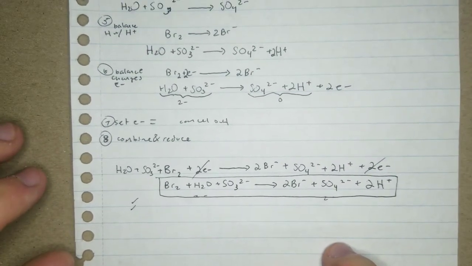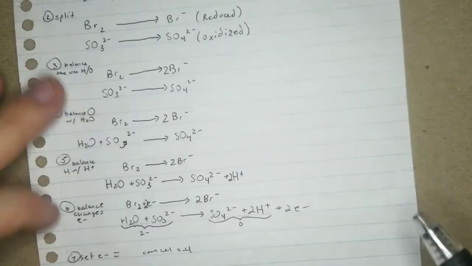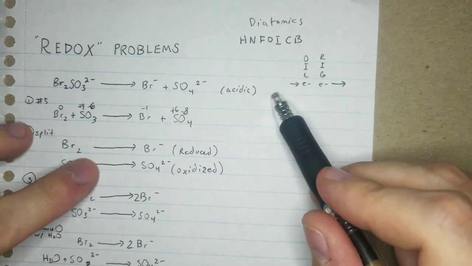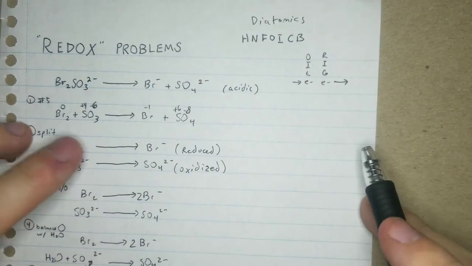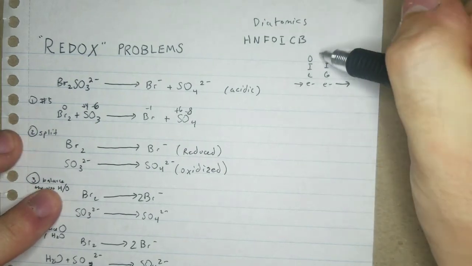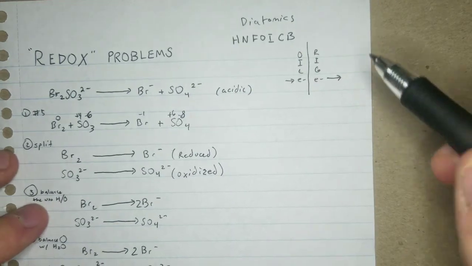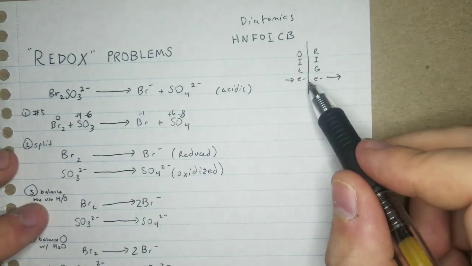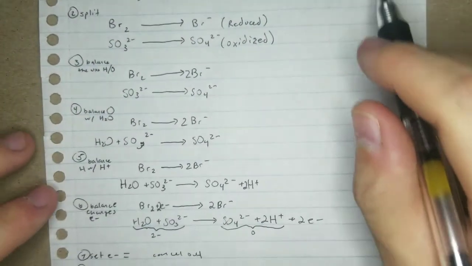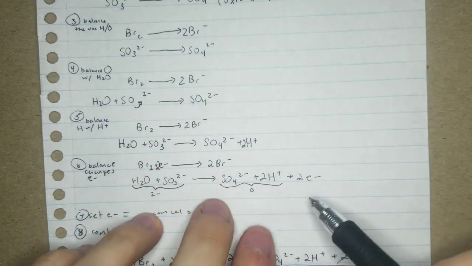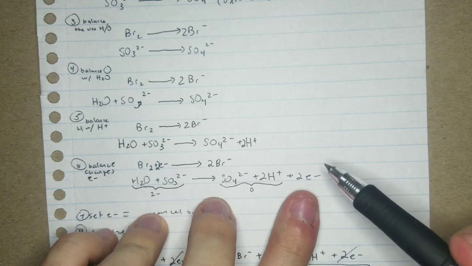Now another thing I like to do, this little part when I wrote underneath OIL RIG, the directions, arrow, electron, electron, arrow, that's a way to separate them. So you can almost always, and I've never actually seen a single problem that didn't work out this way, if the electron is on the product side, which in this case, we added an electron here, I believe.